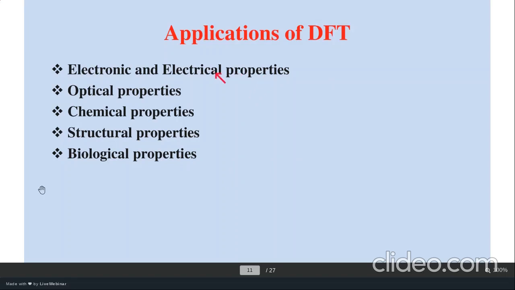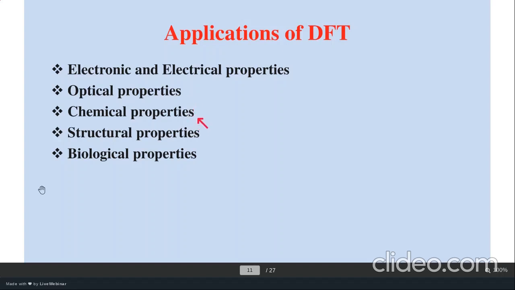Many more electronic and electric properties can be calculated through DFT. Then the optical properties: the optical spectra, the IR spectra, etc., and the band gap between the highest occupied molecular state and the lowest unoccupied molecular state, we can calculate through this method.